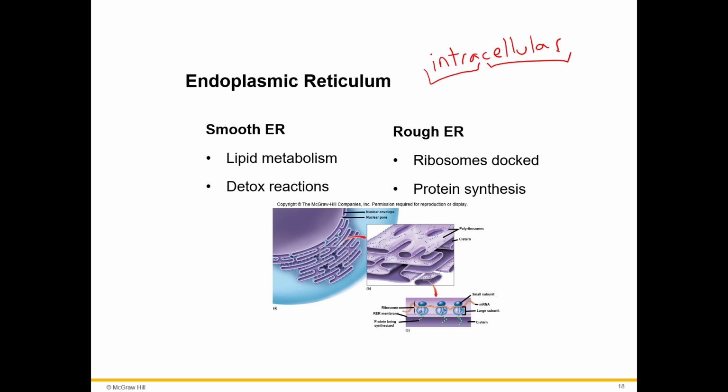But if we're talking about just a generalized human cell, if you need to make hormones, for example, all these ribosomes are going to fall off, and you're going to be able to produce lipid hormones in the smooth endoplasmic reticulum. If the cell suddenly needs more protein, it's going to tell the ribosomes to stick, and the endoplasmic reticulum is going to be converted to a protein-producing factory. So this isn't stuck how it is. These ribosomes can fall off and stick depending on the need of the cell.